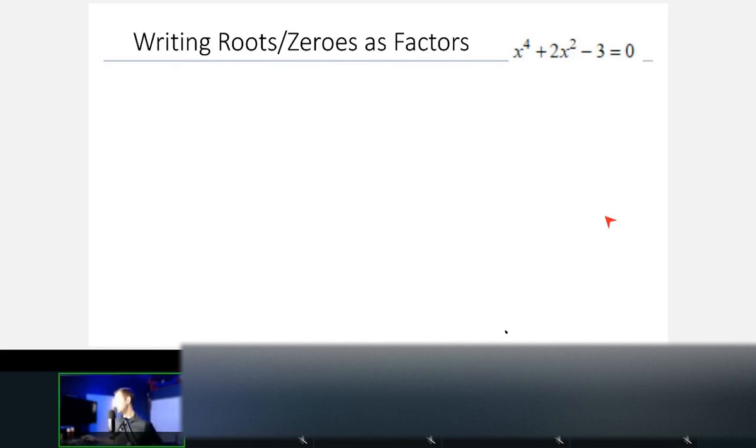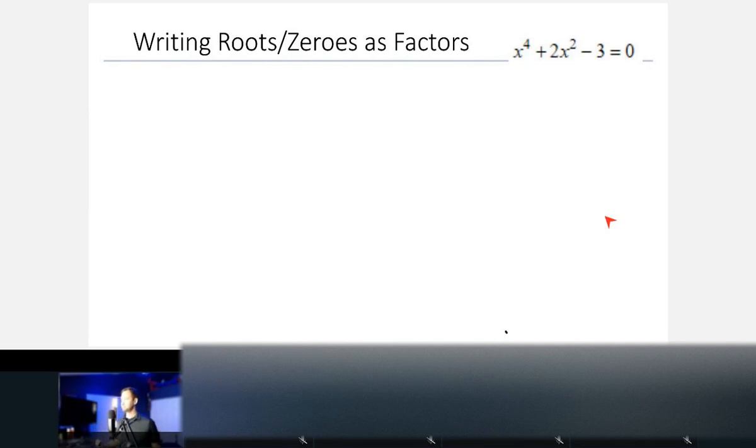Ooh, so B says that the graph tells us that negative one and one look like they could be solutions. So remember, don't always trust a graph. We have to verify mathematically to make sure that what we're seeing is true.